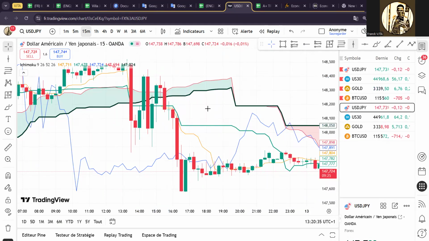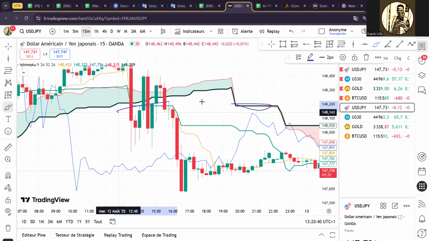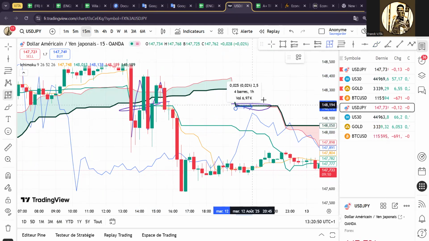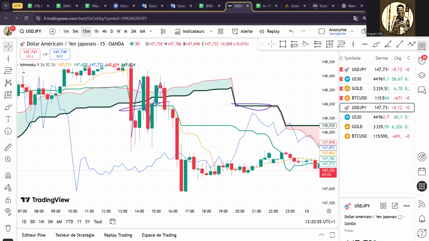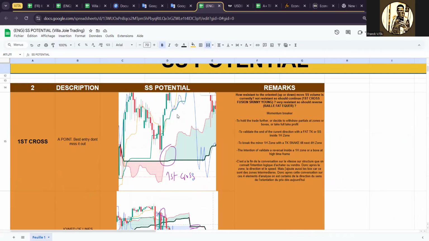So you can actually have double horizontal at the same time, CK horizontal and SS horizontal. It will just make the price zigzag in between for a short period of time, like just 1 hour or 2 hours. Then it will finish. So it's not an eternity.